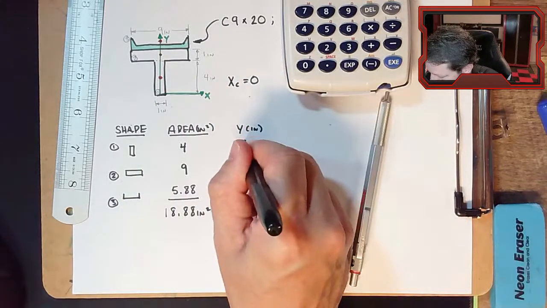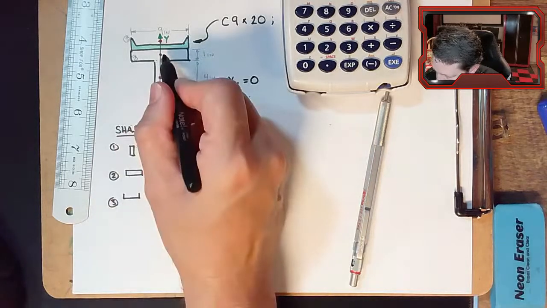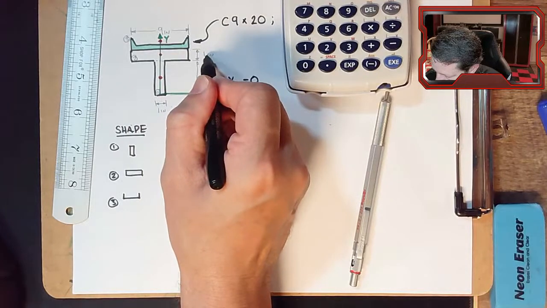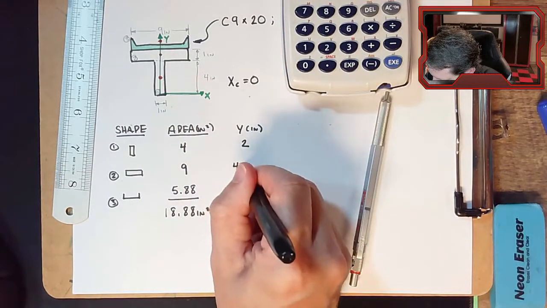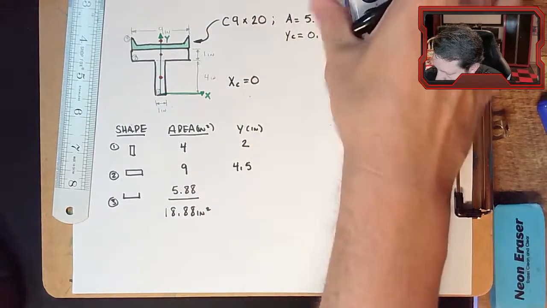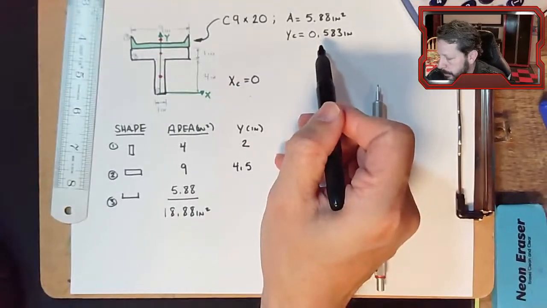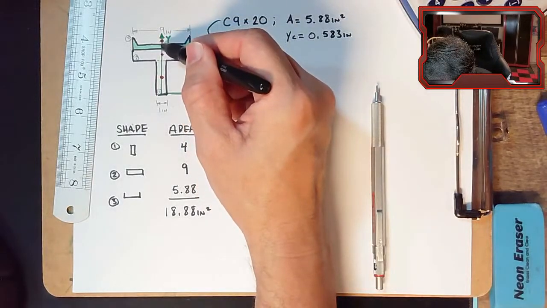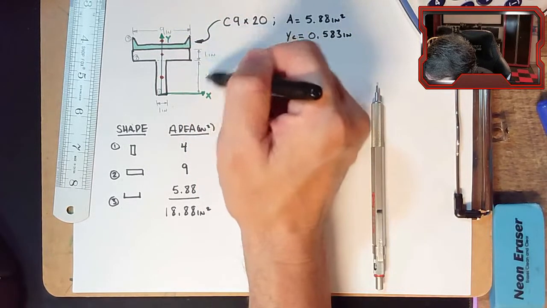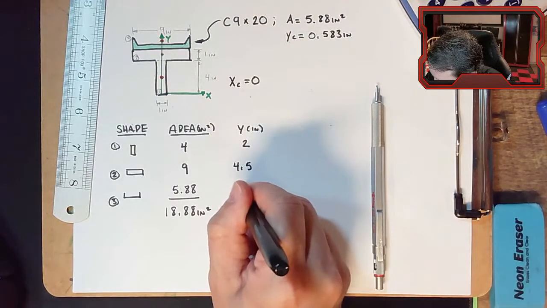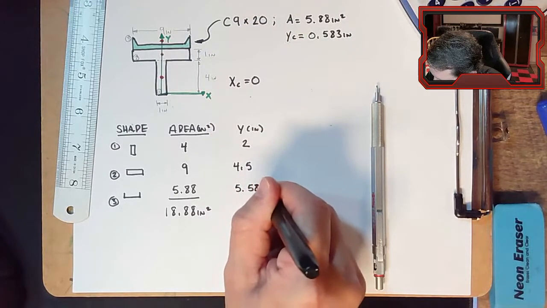So that's a 2. Part 2 is the middle, because it's a rectangle, middle of the flange, which is 4 plus a half. And then part 3 is we have to reference the data from the chart, 0.583 to get from the centroid to the bottom of the flange, and then I add 5 to that. 1 here and 4 there. So 5.583.